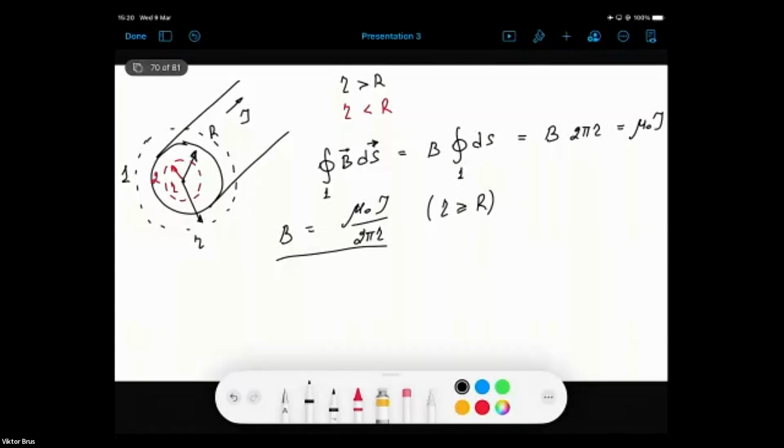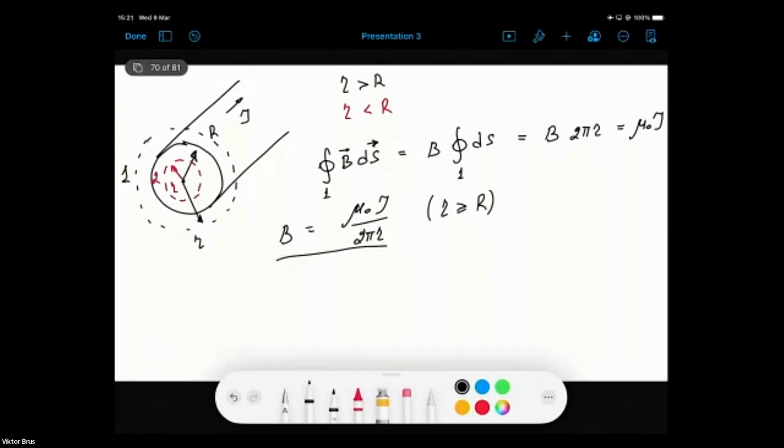So that was quite a challenging task in order to realize this derivation of this equation. However, by applying this Ampere's law, it is possible to get the result in quite simple and straightforward way. So similar to Gauss' law in electricity, it can be very helpful.